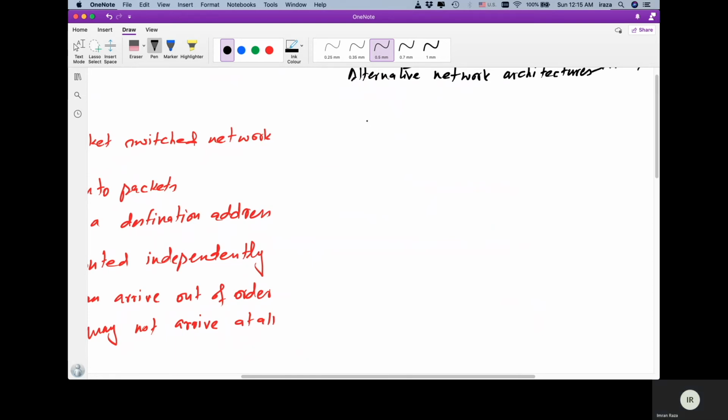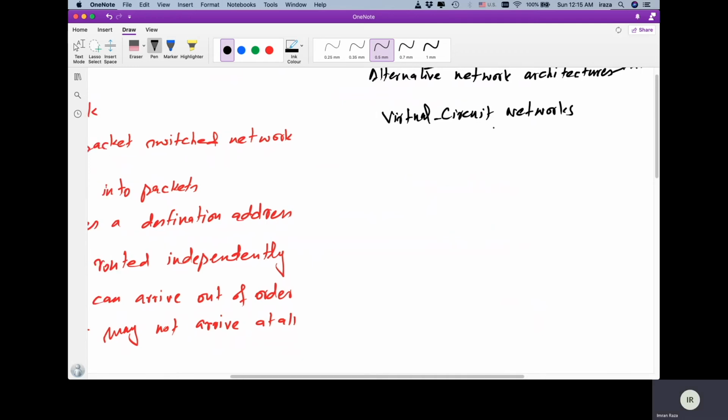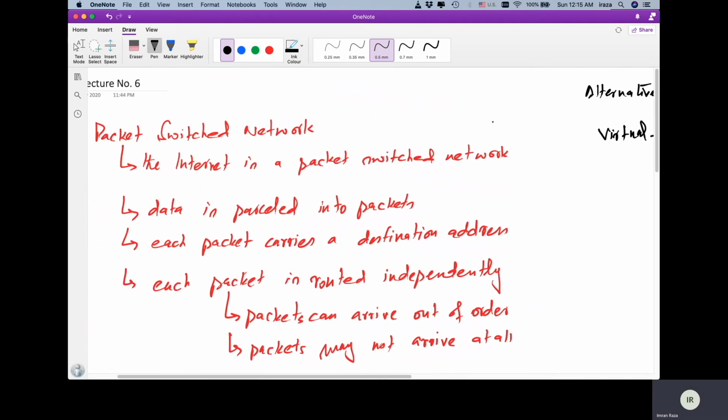So we call it virtual circuit network. So basically, there are two types of networks.